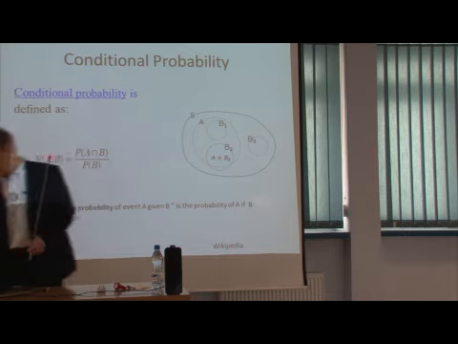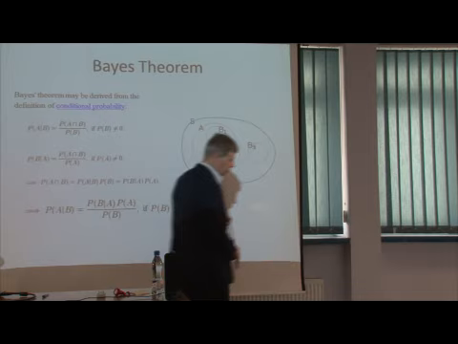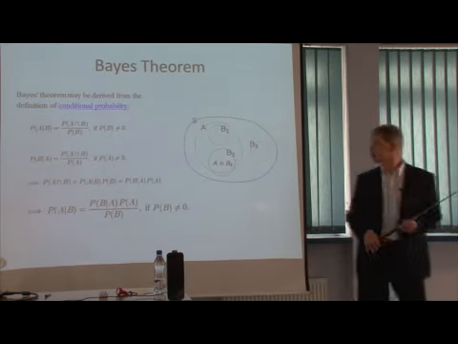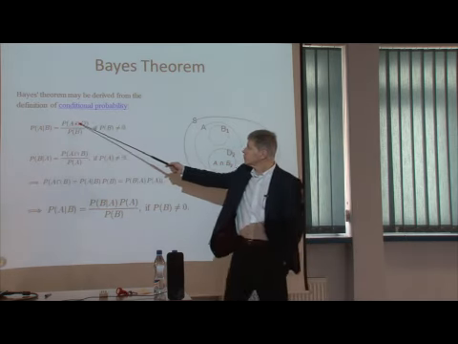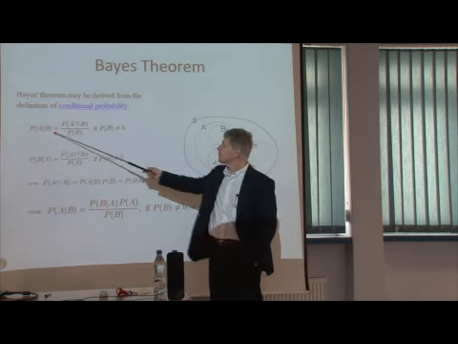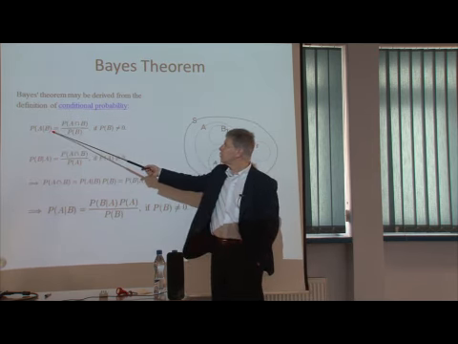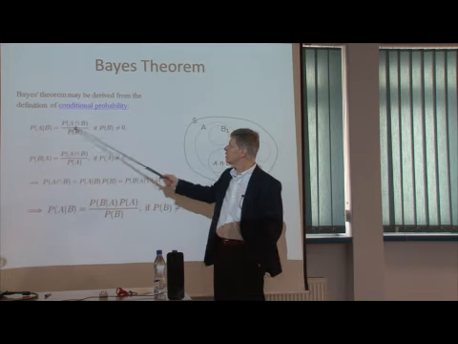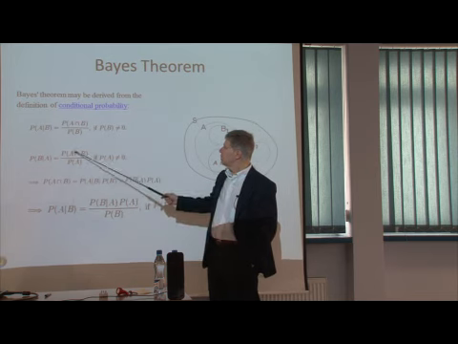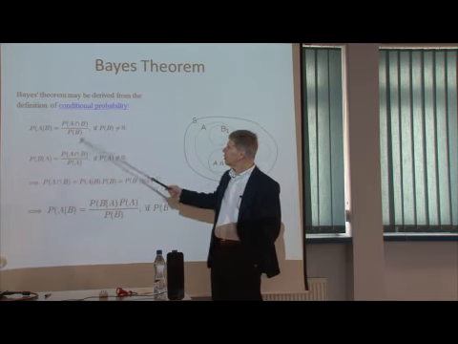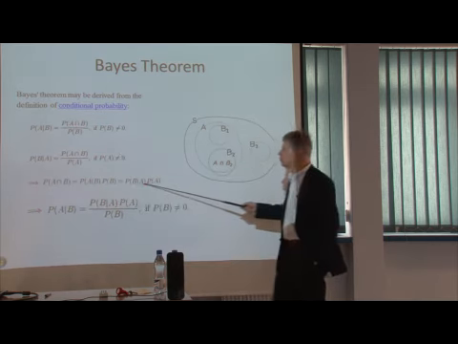So from this definition we can derive Bayes' theorem because the definition was symmetric. So if we look at this expression, yes, so probability of A given B, we write it like this. Probability of B given A, we write it like that. We have one common factor here, P of A times B. We can write it in two different ways.